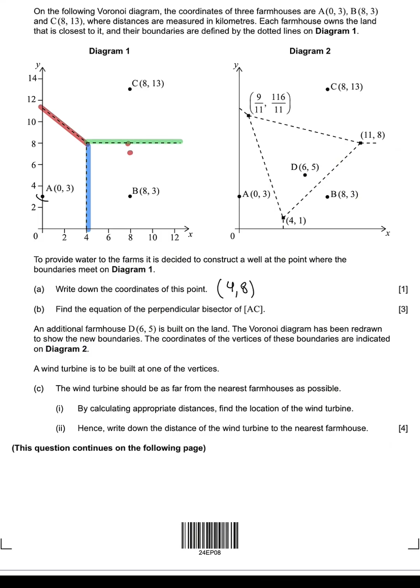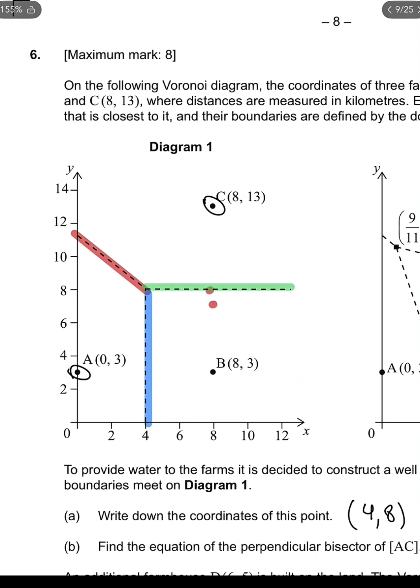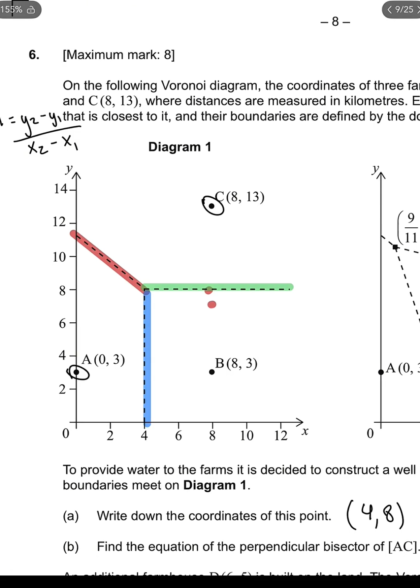So, we have A and we have C. The first step is to find the gradient. We use the formula which is in the formula booklet: y2 minus y1 over x2 minus x1. Let's say that A is my x1, y1 and C is my x2, y2.